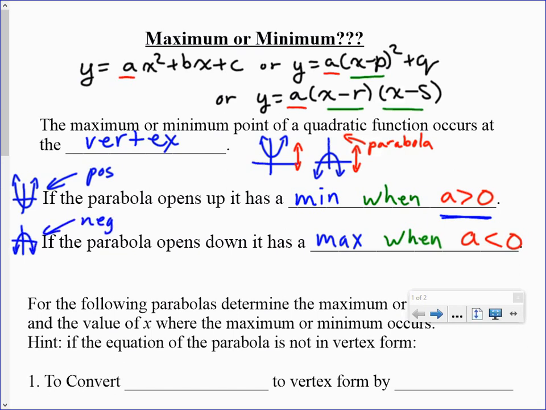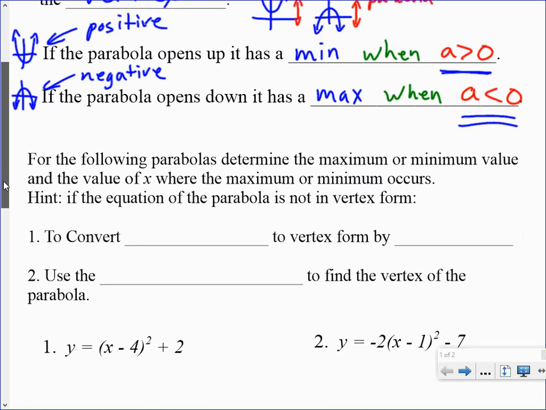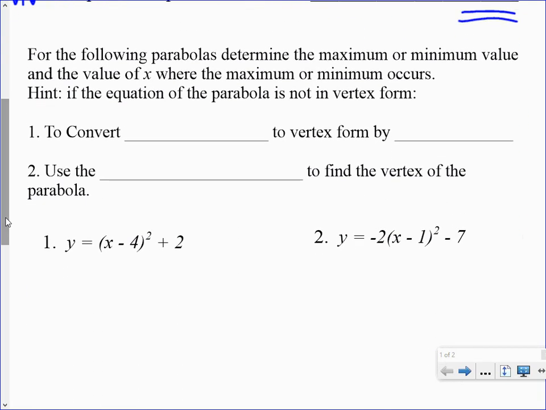And then we can say that the a value clearly is supposed to be less than 0. Now, we're going to do some examples, but we have some things we need to fill in so that we make more sense of this stuff.